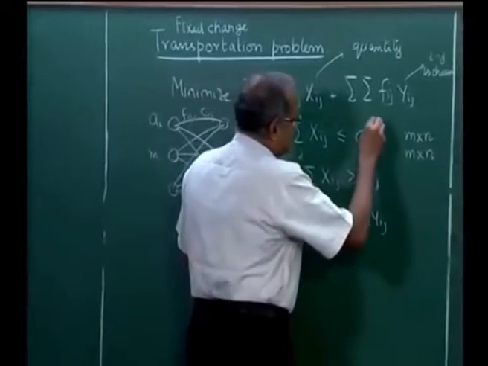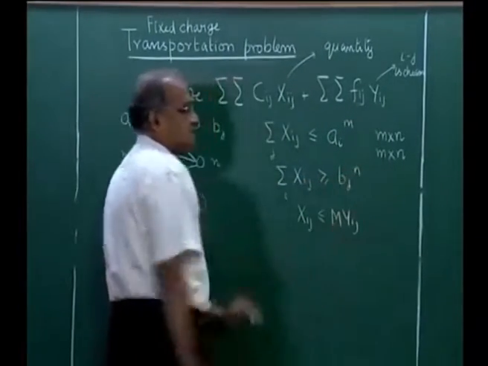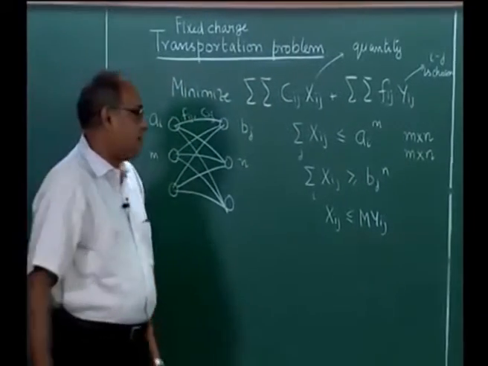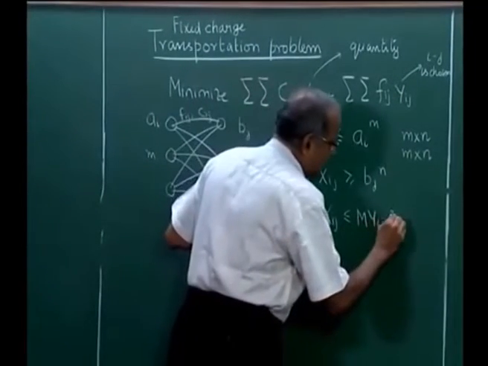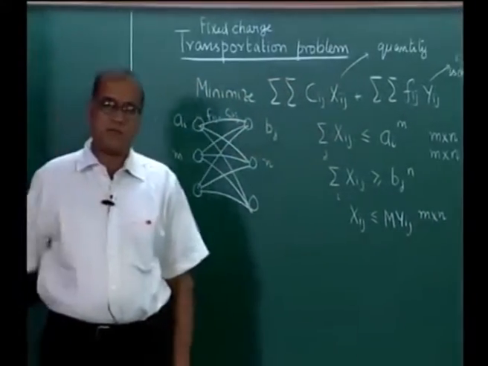Now there will be m constraints that relate the supply, n constraints that relate the demand, and then m into n constraints that link the supplies to the demands.